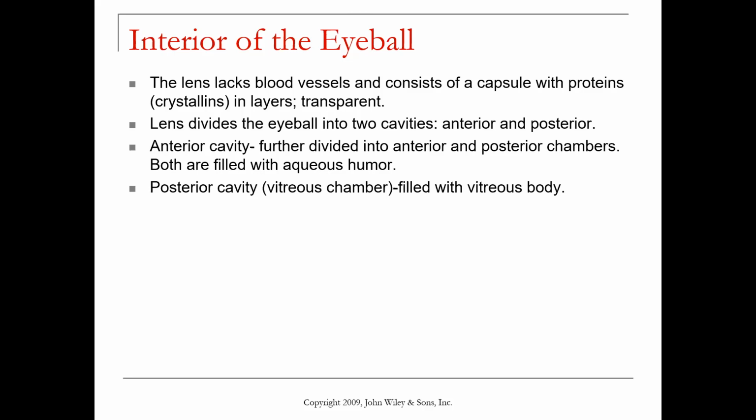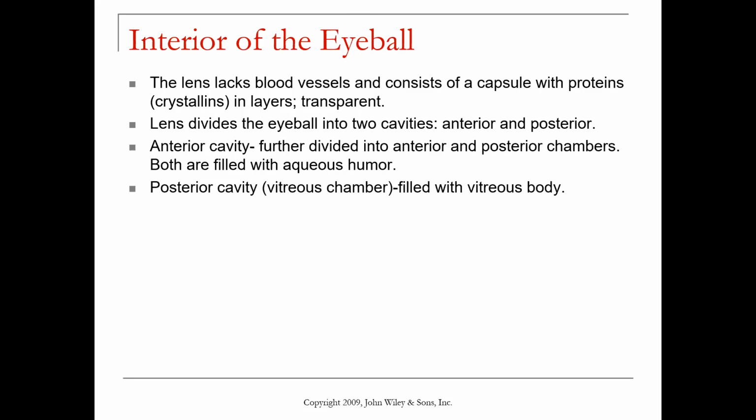The lens divides the eye into an anterior chamber and a posterior chamber. The anterior chamber is divided again into anterior and posterior regions filled with a fluid called the aqueous humor. The posterior chamber is going to be filled with a transparent jelly.